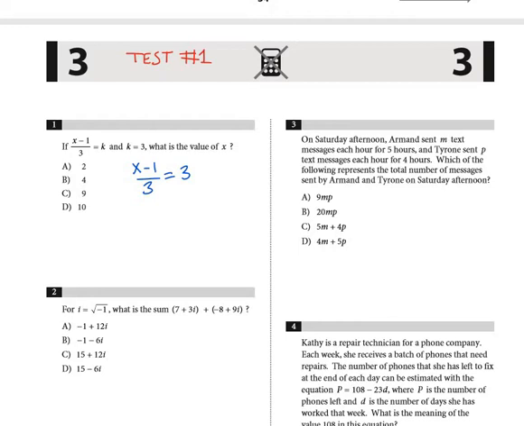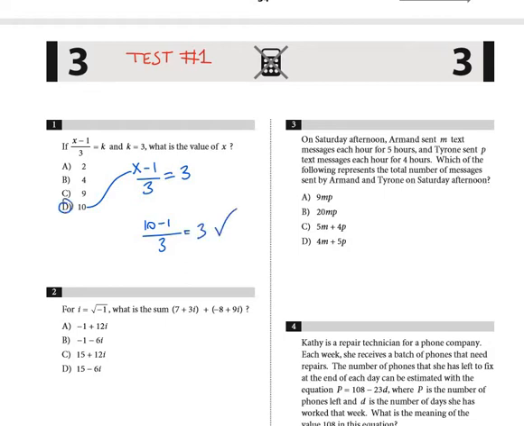Solving for x here is a little bit longer, so we're going to use the plug-in method. What value of x minus 1 divided by 3 will give me 3? Intuitively, 10 minus 1 divided by 3 is 3. If x is 10, then 10 minus 1 is 9, and 9 divided by 3 is 3. So here the answer is 10.